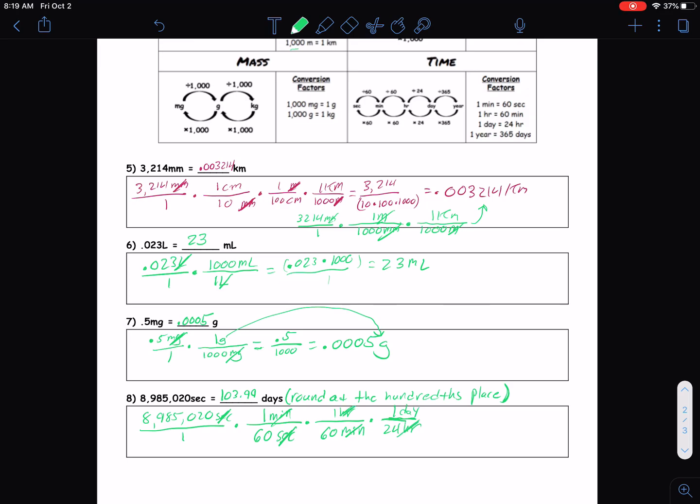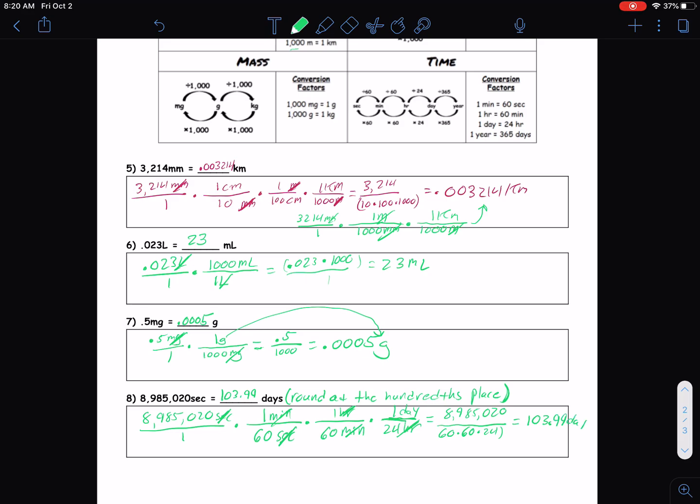So now we're at days. So that would equal everything in the numerator multiplied together, divided by everything in the denominator multiplied together.